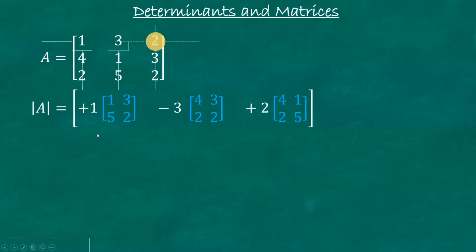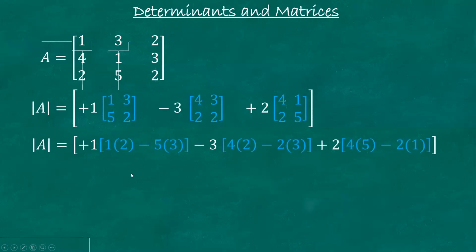So after this, you get the determinant. Pag multiply na sa element, determinant, element. Then compute 1 times 2 minus 3 times 5, and then element 4 times 2 minus 3 times 2, and 2, na yun, 4 times 5 minus 1 times 2.